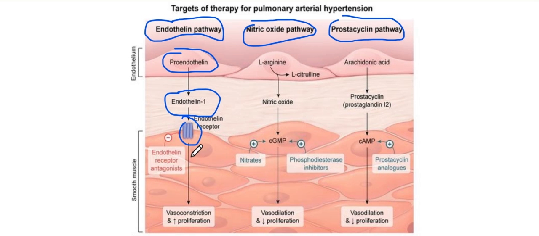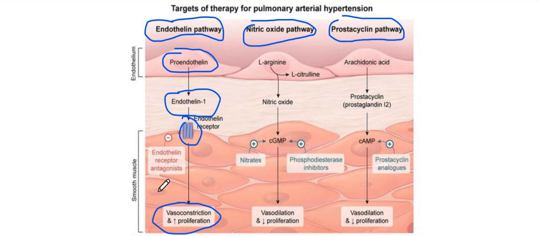These endothelin receptors are on the smooth muscles that are present in the pulmonary arterial vasculature, and endothelin, when attached to the endothelin receptor, causes the proliferation of the smooth muscle. And when these smooth muscles proliferate, they cause the constriction of the pulmonary vasculature, ultimately leading to vasoconstriction. So that is one cause of pulmonary hypertension.